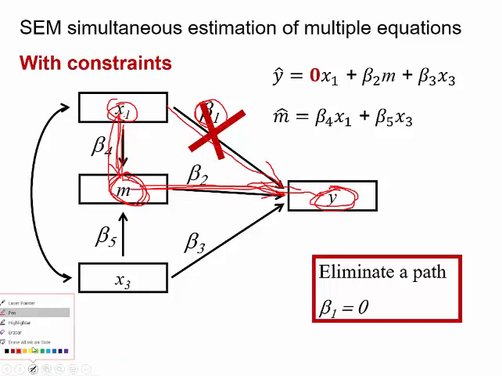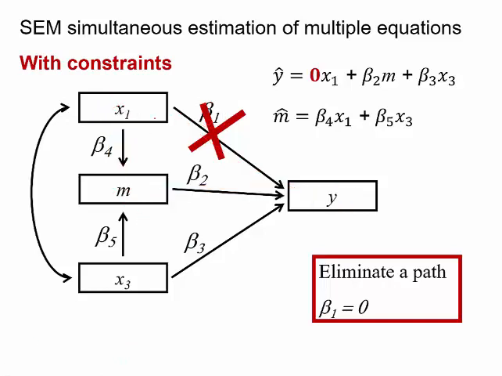So constraining beta 1 to be 0 creates a model testing full mediation, where x1 predicts the mediator, which predicts y, and that pathway fully explains the relationship between x1 and y. And we've done that simply by constraining beta 1 to be 0.